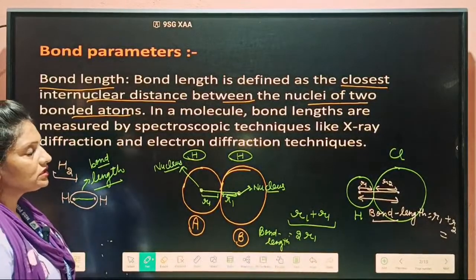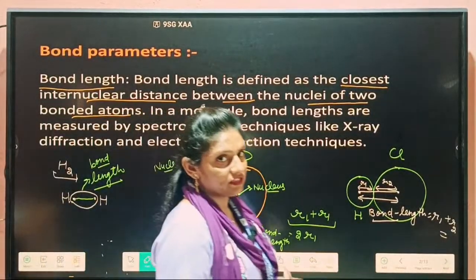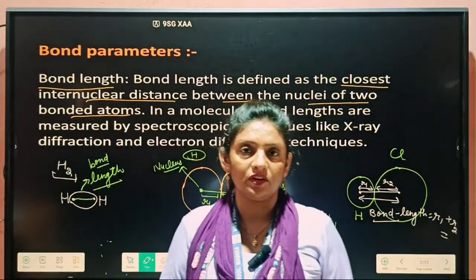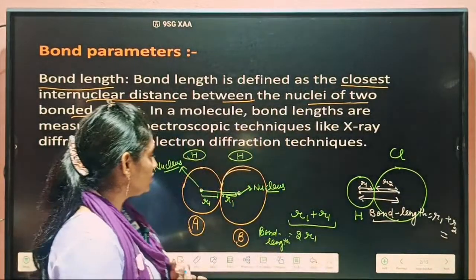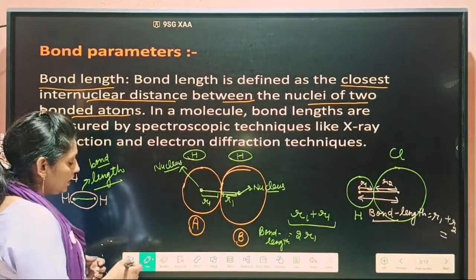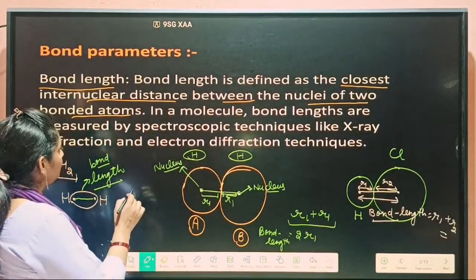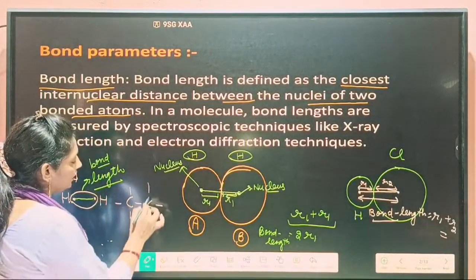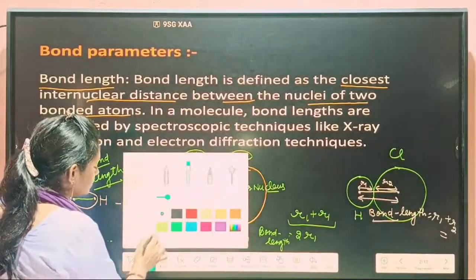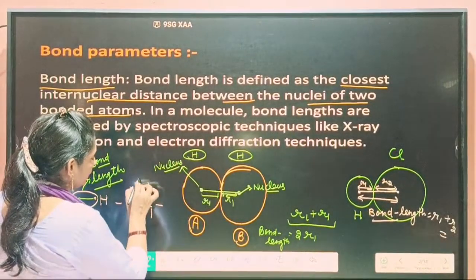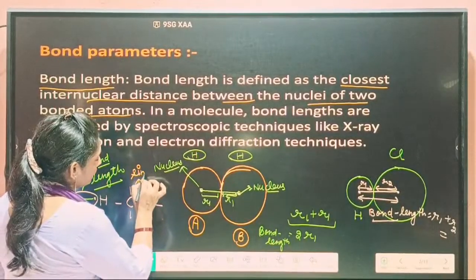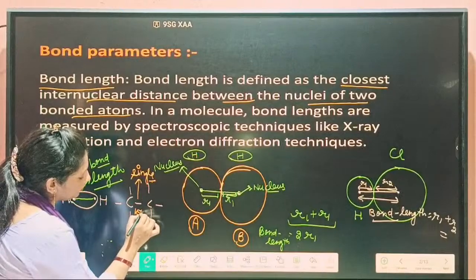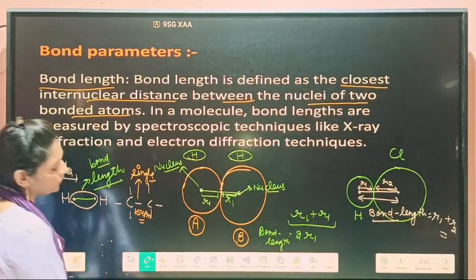The bond length between specific elements will be specific. For example, students, if I talk about the bond length between carbon and carbon, if there is a single bond between carbon and carbon, then this bond length is 154 picometer.